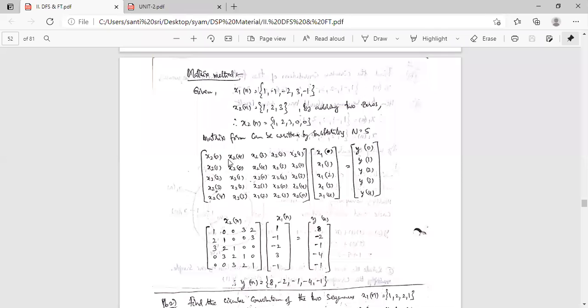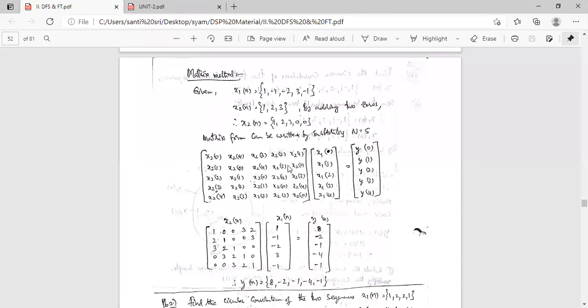This manner is x2 of 0, x2 of 1, 2, 3, 4, and this 4 will be written here. Then this will be repeated, x2 of 0, 1, 2, 3. Then this x2 of 3 will be written here. Then x2 of 4, x2 of 0, x2 of 1, x2 of 2 can be written here.